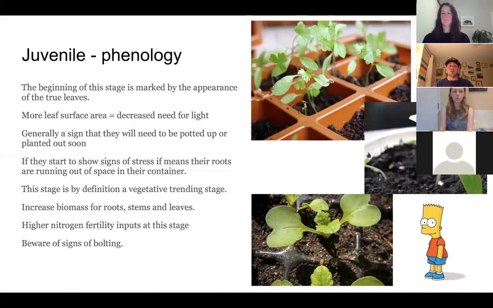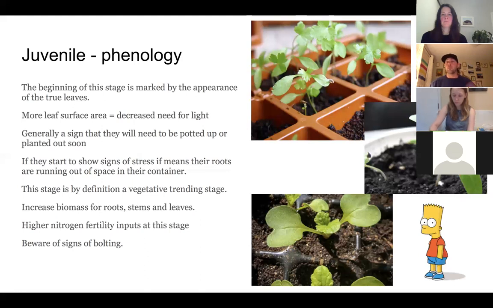And if they do this too much, they'll start to stress out. You will see signs of that stress in their false leaves. Their false leaves will start to turn yellow, maybe sometimes a red or purple color. And if you do see that in these older cotyledon leaves, then that is the telltale sign that you really should move them up into a bigger container or get them out into the garden.